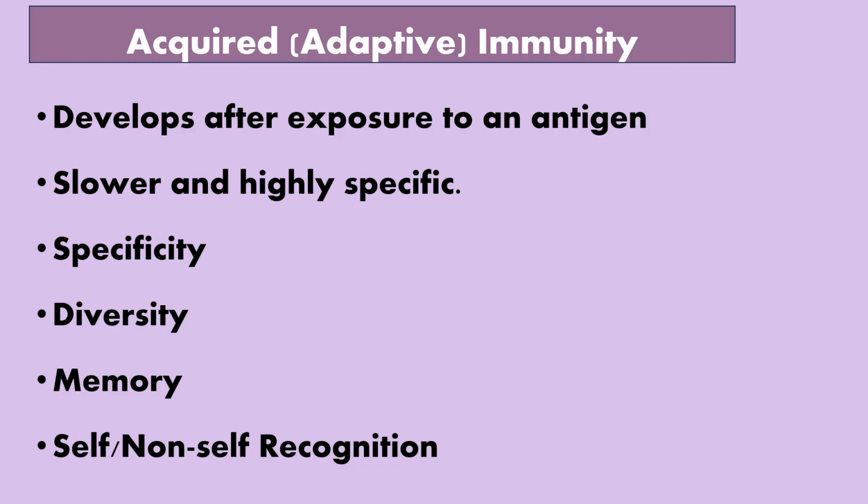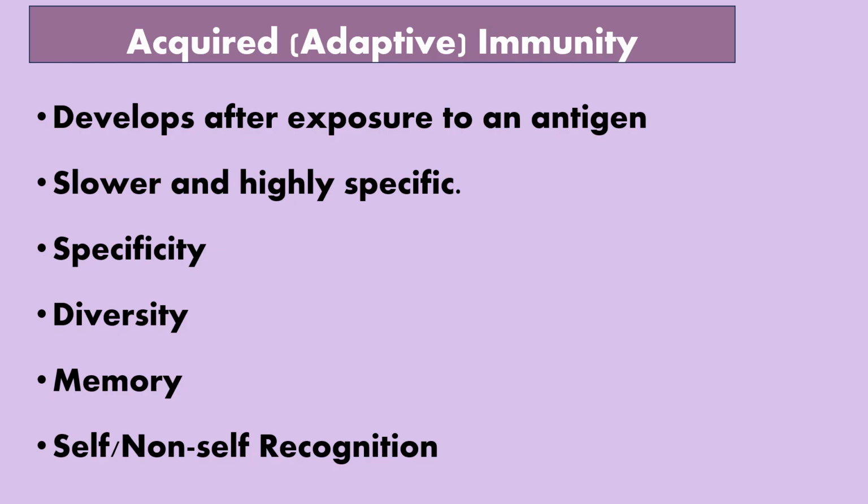Acquired or adaptive immunity develops after exposure to an antigen or by transfer of antibody, and it is a slow response and highly specific. It targets a specific antigen and can recognize millions of antigens, with a stronger response on the second encounter.